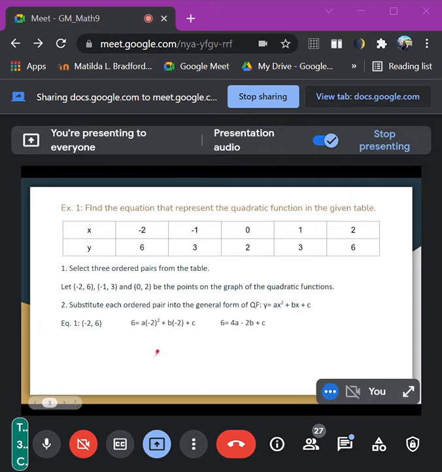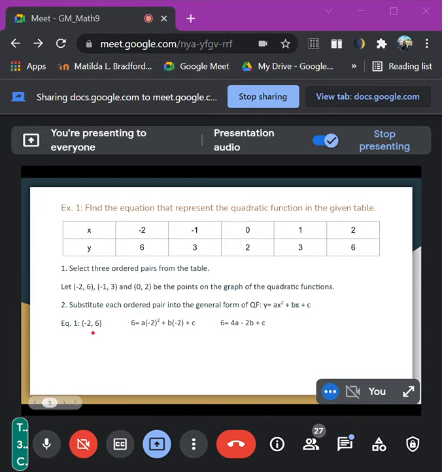Okay. Sige, here. This negative 2, 6 is the ordered pair we took from step 1. In step 1, we got 3 ordered pairs, which are negative 2, 6, negative 1, 3, and 0, 2. So we start with negative 2, 6.